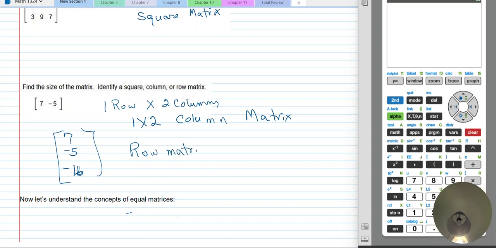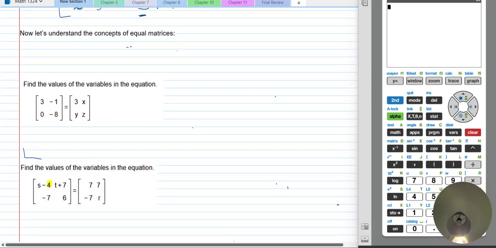And that's because we have 3 by 1, 3 rows. Here we had 2 columns. So that inference is what that refers to. And it helps in describing the multiplication process of a matrix later on, so that you understand when you use a column and when you use a row.